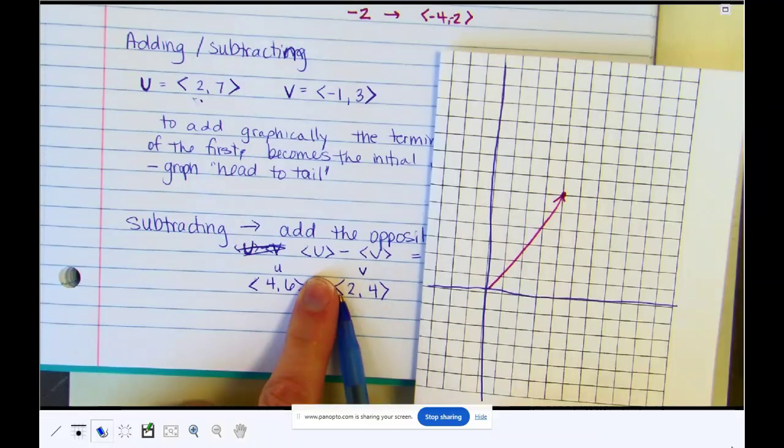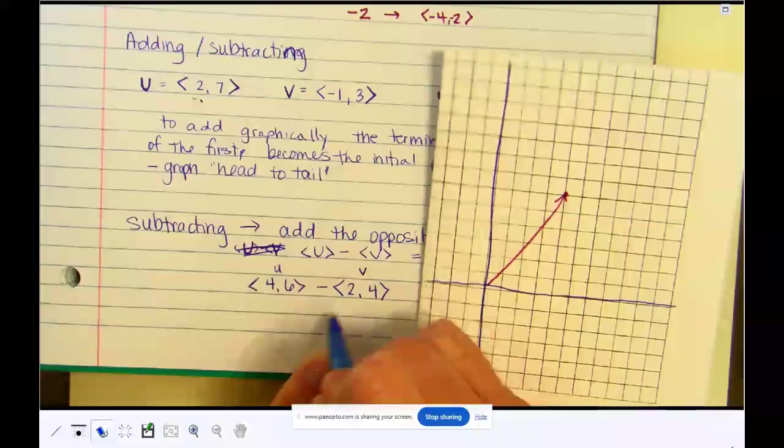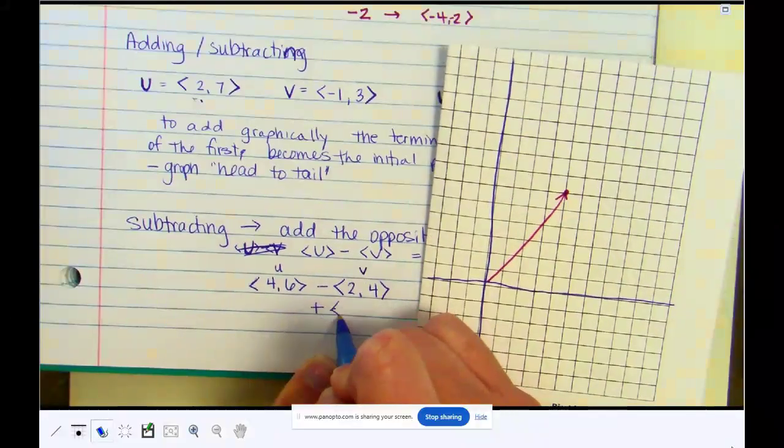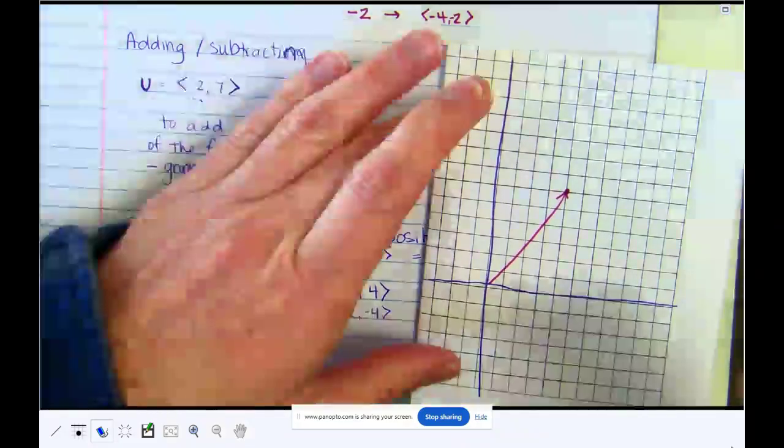Not 2 change in X, 4 change in Y, but opposite of that. So down 4, left 2. So this is going to be plus the vector -2, -4. There you go. That's what I'm trying to say.